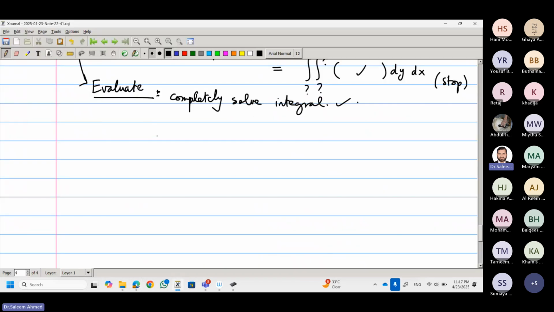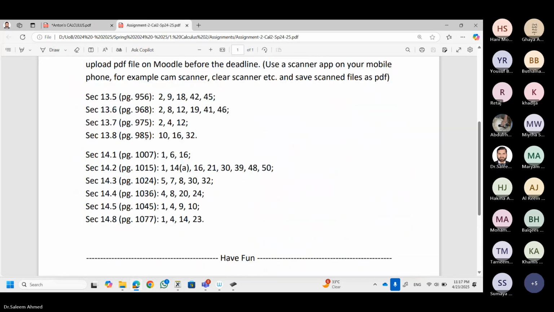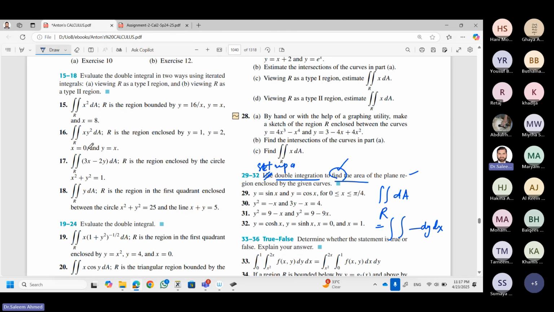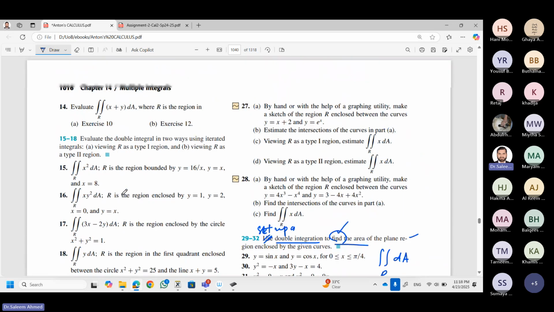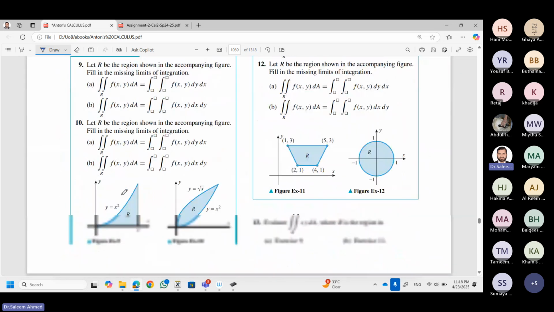Like the questions I wrote, let's say in 14.2: 16, 21, 30. See 16, 21. This one, 21, is evaluate the double integral. Where is the volume question, use a double integral to find the volume?